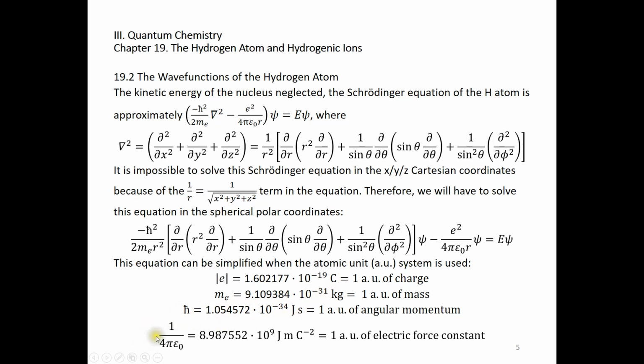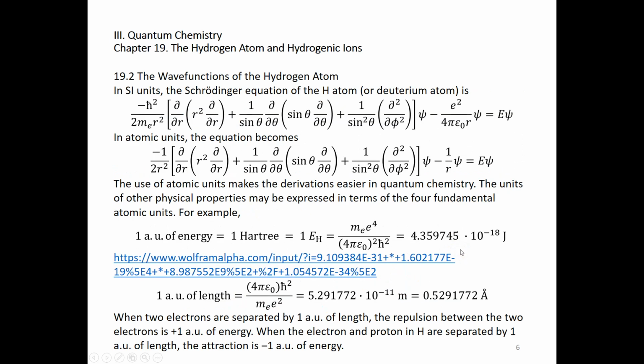And this electric force constant, 1 over 4 pi epsilon 0, is about 9 times 10 to the power of 9 joule meter per coulomb squared. Now, if we use the atomic unit system, this h bar squared becomes 1. The mass of the electron becomes 1. The charge becomes 1. And this 1 over 4 pi epsilon becomes 1.